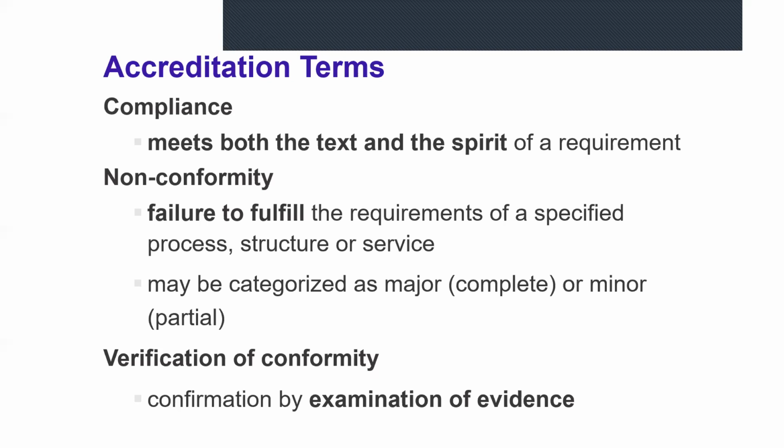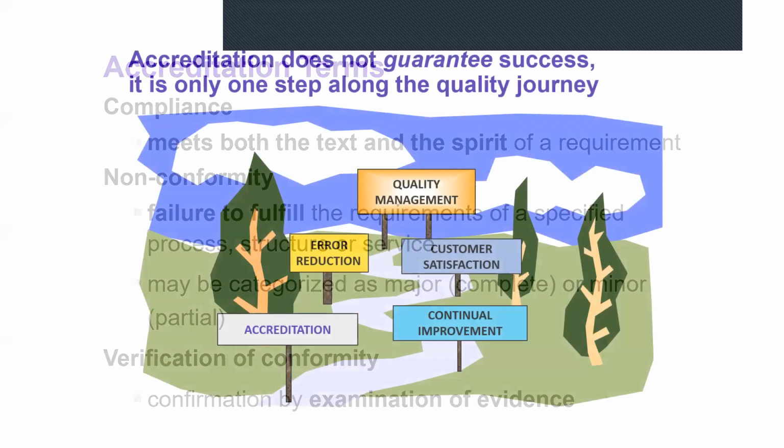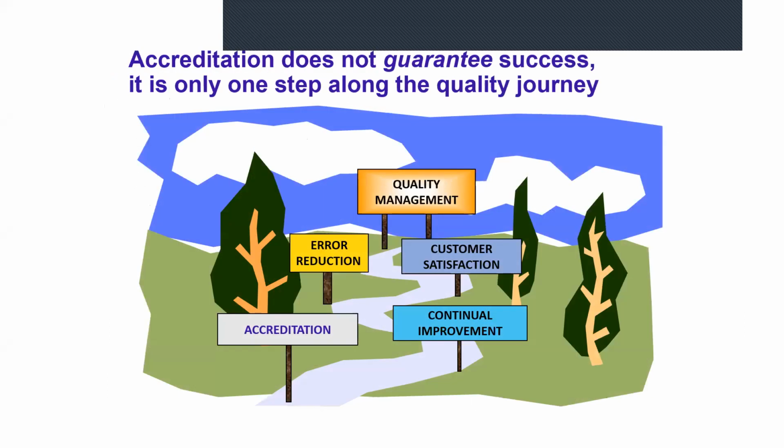Even though you try to be perfect, you always have a non-conformity here or there, and then you have to look at the text and the spirit, and decide: is what I'm doing against whatever the text is, or am I hurting patients, and is it a major or a minor conformity?